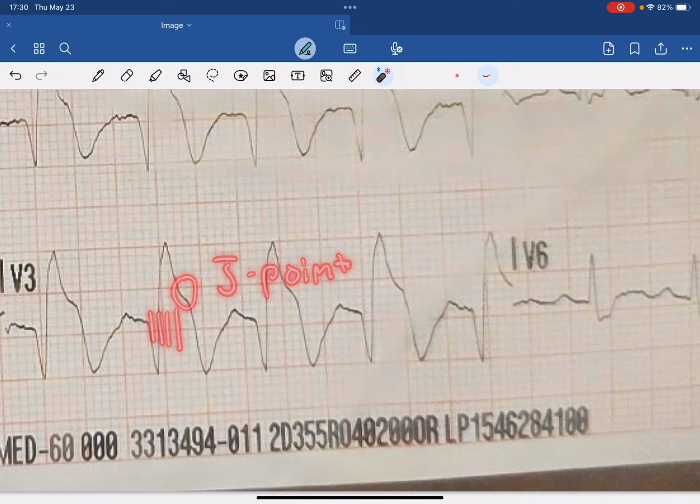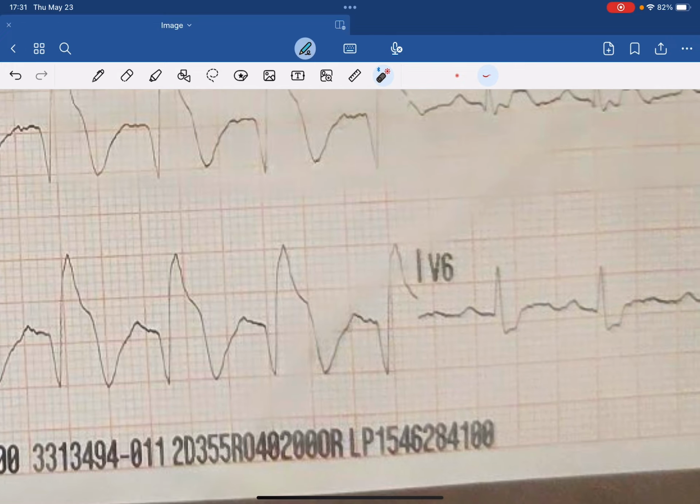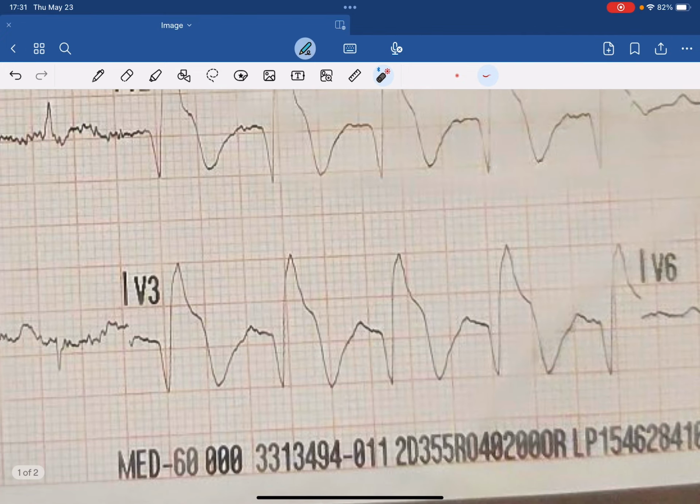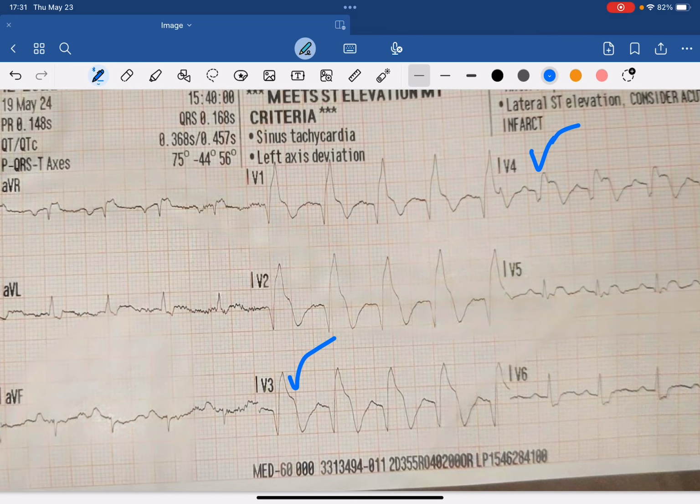Then we can look at the J point's relationship to the isoelectric baseline, which is there. And again, we can see that this is pretty clearly elevated. Looks to be about 2 millimeters as well. So lead V3 also fits the criteria for a STEMI. So we can put a check mark there.